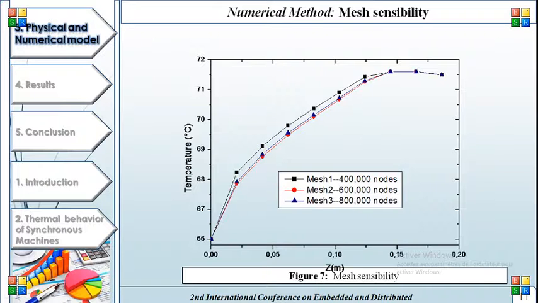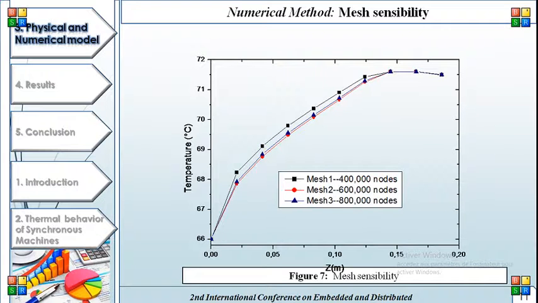The first grid with 400,000 nodes, the second with 600,000 nodes, and the last grid with 800,000 nodes.